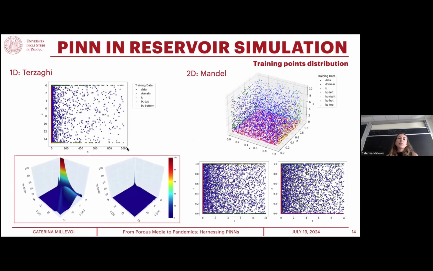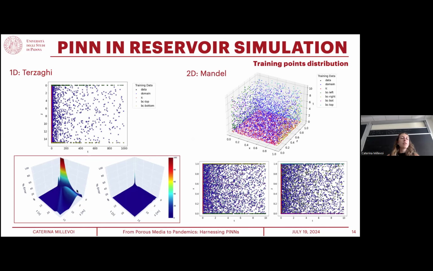And the first thing that we noticed applying PINNs in this setting was that the distribution of the training data points and collocation points among the domain could lead to very different results.